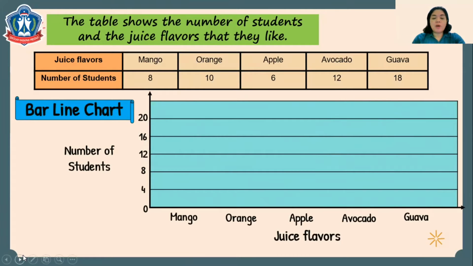At this time, we will only use a line. So mango, we have 8 students. Take a look, this is only a line. Orange, 10 students. Apple is 6 students. Avocado is 12 students. And guava is 18 students. So this is what we call a bar line chart.